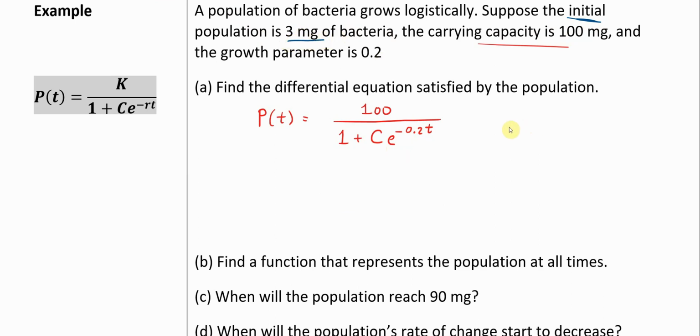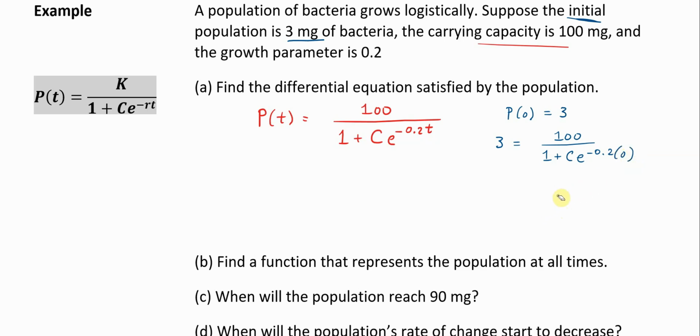So that tells me that P of 0 is equal to 3, and so we can set P equal to 3 in this equation right here, and put in 0 for t, and solve.